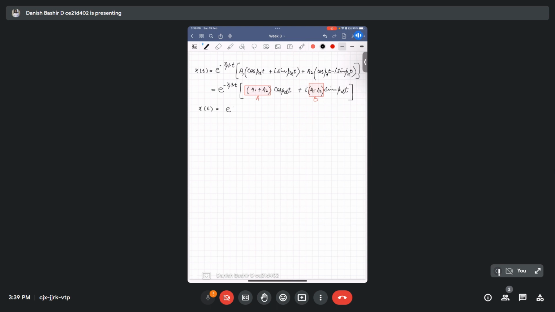x of t equals e power minus theta pt times a cos pd t plus iota p sin pd t. Sorry, we are taking this whole as b.